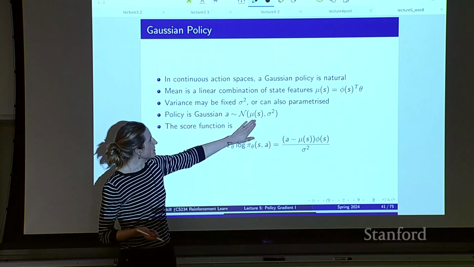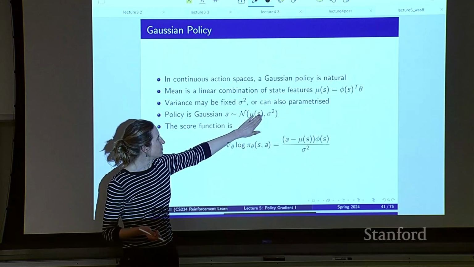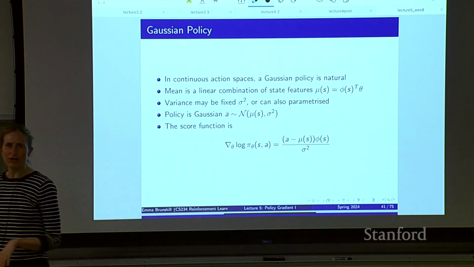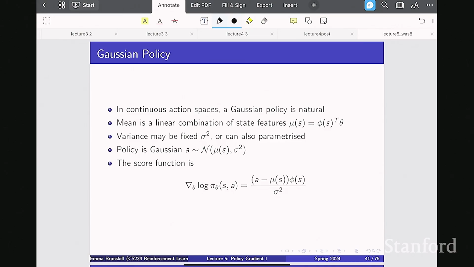So maybe you're sampling some particular action dependent on your state, along with some variance. And then you can, again, just directly compute what the score function would be in this case, in closed form. But in general, you're often probably going to be using this with deep neural networks, and then you can just use autodiff to do this. It's just to illustrate that there's a number of different functional forms where you can compute this analytically.